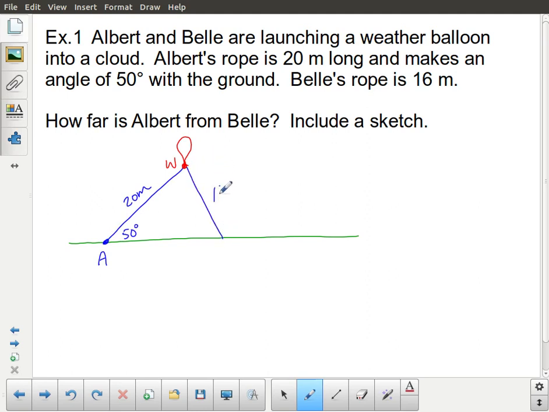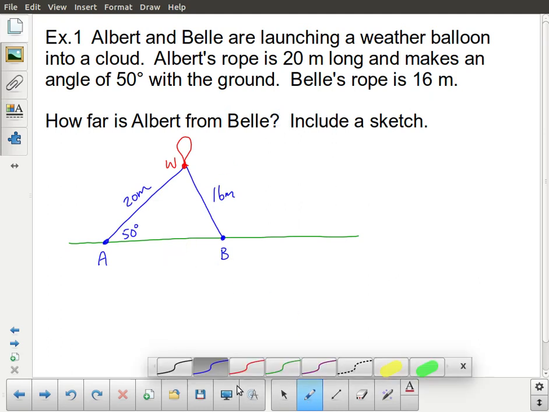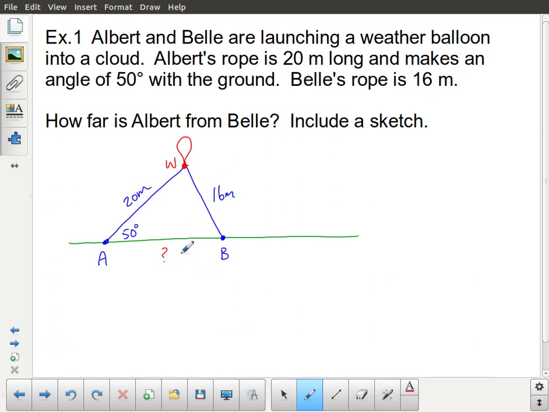So I'll do something, how about that, 16 meters. It doesn't tell us what angle Bell makes with the ground, so I have to leave that blank. There's B. And the question wants to know how far is Albert from Bell. So in other words, it wants to know what is the distance AB.